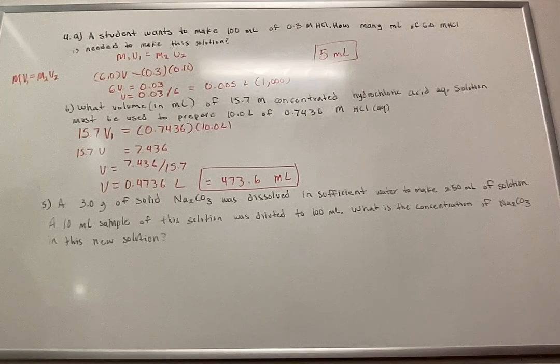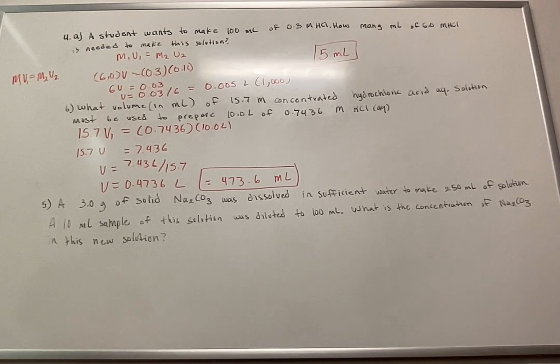And number 5, we're going to do this one quick. Same thing, but there's going to be an extra step. If you watched the molar concentration video, we're going to basically do that first for this problem.